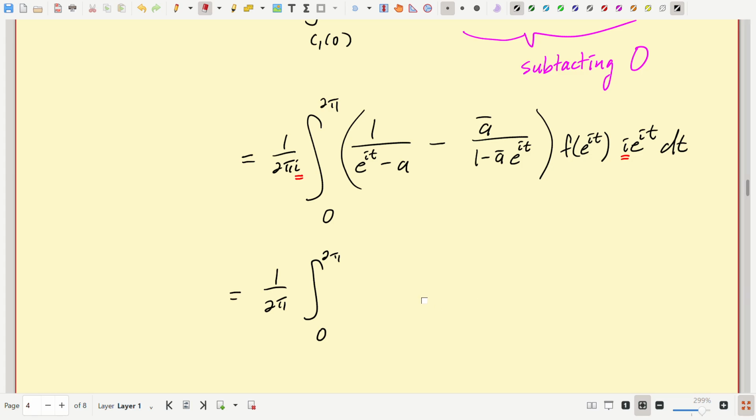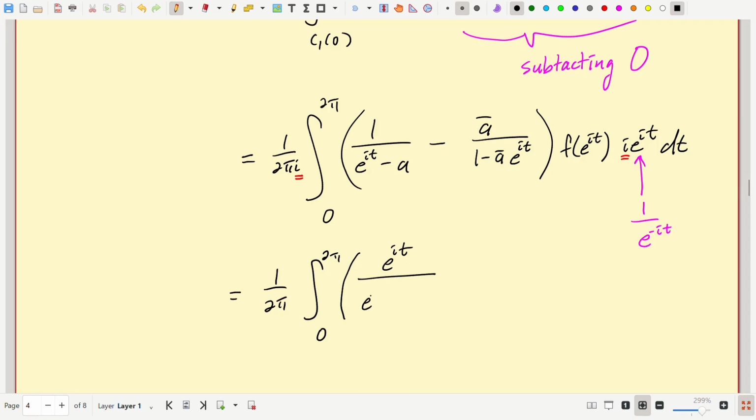All right, I'm going to write this thing as 1 over e to the minus it. Then when I do that, they're going to be conjugates. So I'm going to put the e to the it here. I like that.